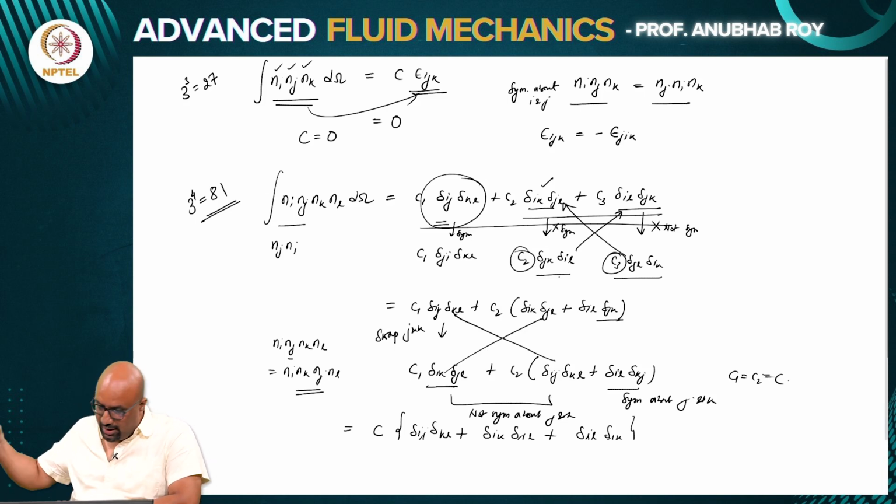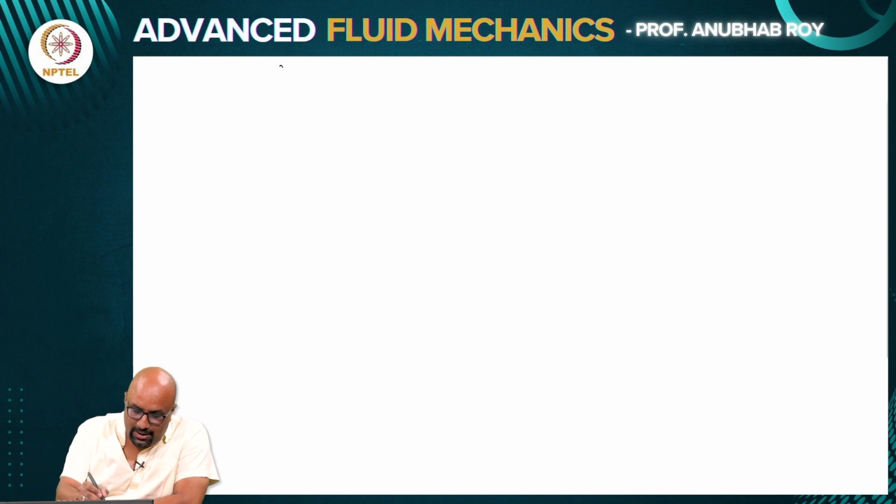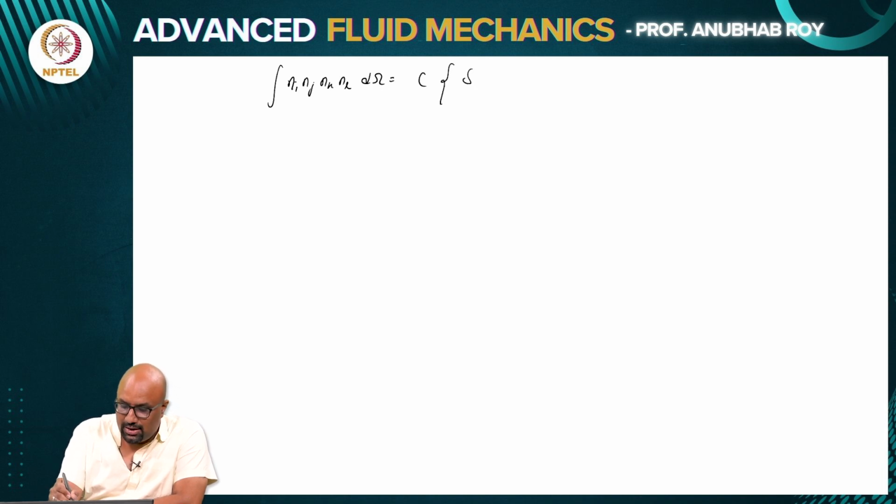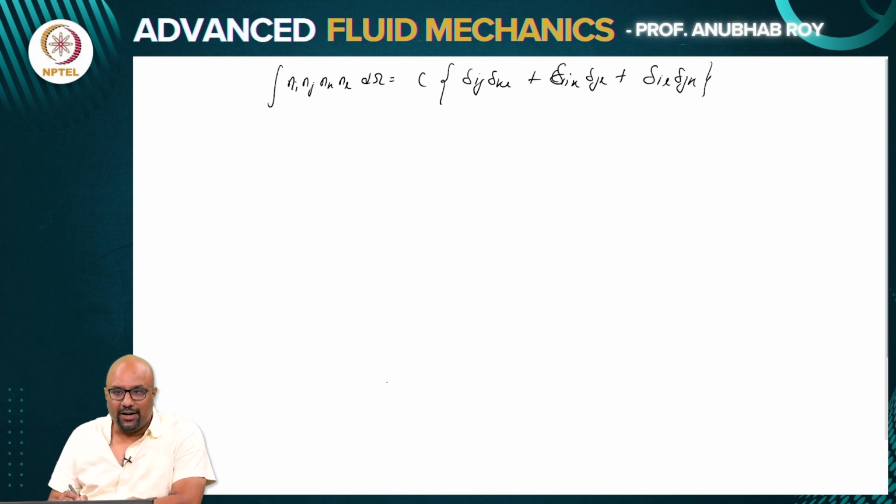So I'm calling that by one single constant. So finally what I have here is that the integral ni nj nk nl d omega is a constant times delta ij delta kl, plus delta ik delta jl, plus delta il delta jk. Now how do I find the constant?